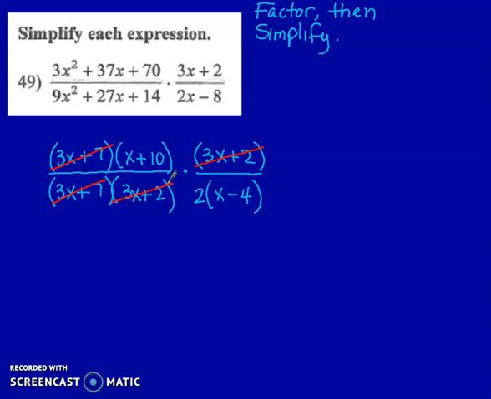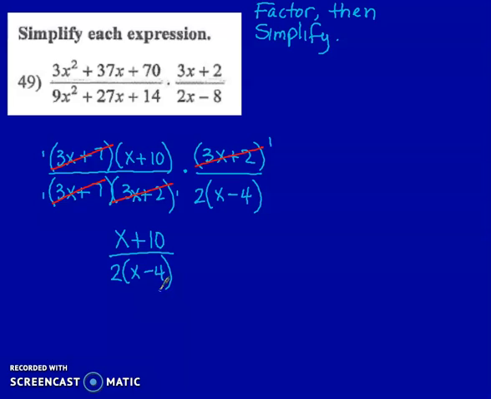That's going to leave us with just one factor in the numerator. They all get replaced by 1s. So x plus 10 times 1, no change there, and 2 times x minus 4 times 1 times 1, or just 2 times x minus 4.